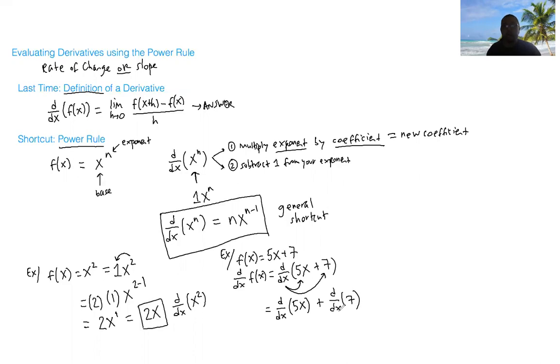And we'll go over this in a minute. In terms of properties of derivatives, 7, just like any other number, 1, 2, 3, and so on, is a constant, defined as just a pure number. The derivative of a constant is always going to be 0. So the derivative of 7, which is a constant, is 0. So this term falls out.